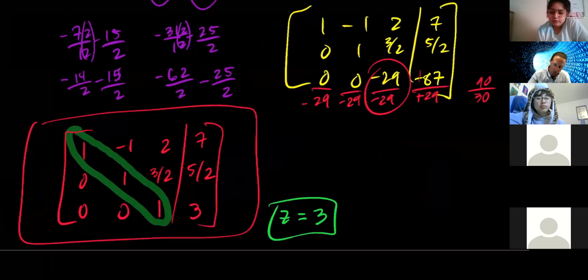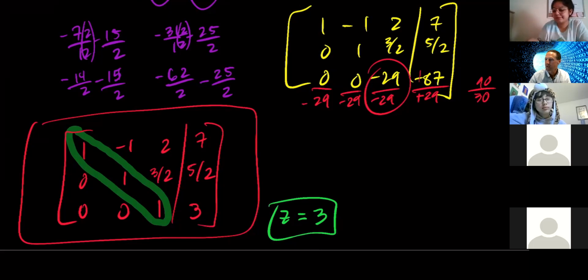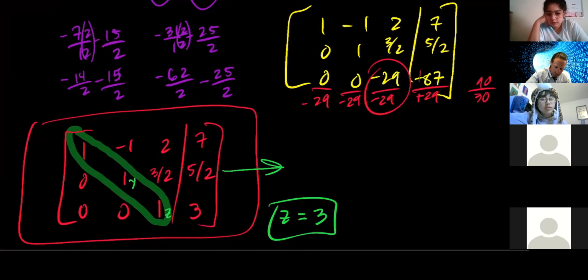All right, and again, once we found the first one, then it's all snowball from there. Just plug it in, we're good. Okay, plug in the 3 there, work this out, and remember, what does that mean? That I have y plus 3 halves of my z is equal to 5 halves.